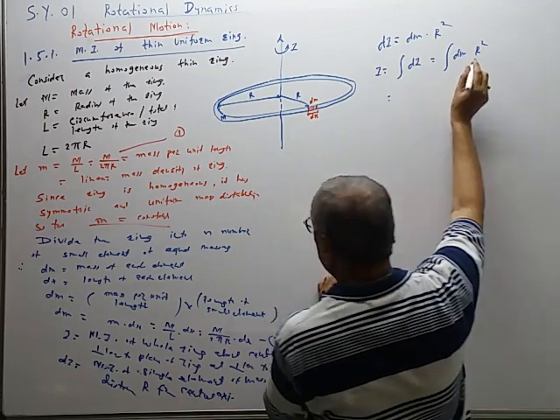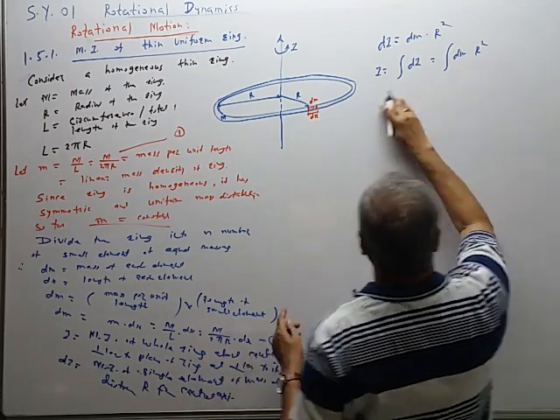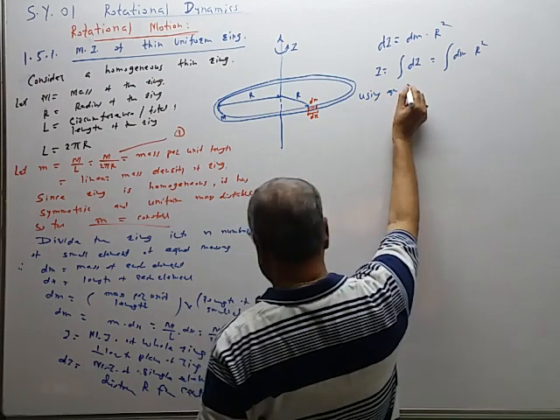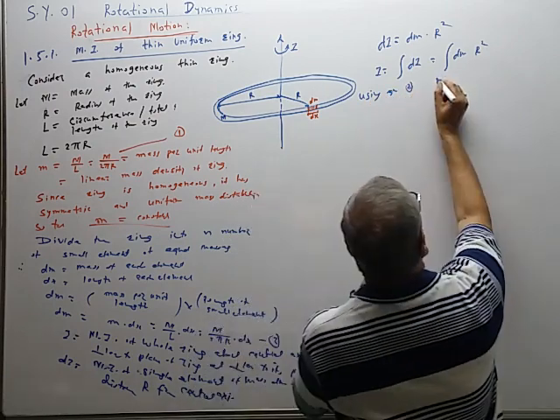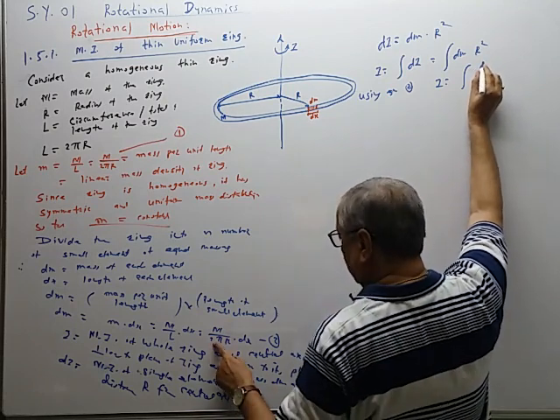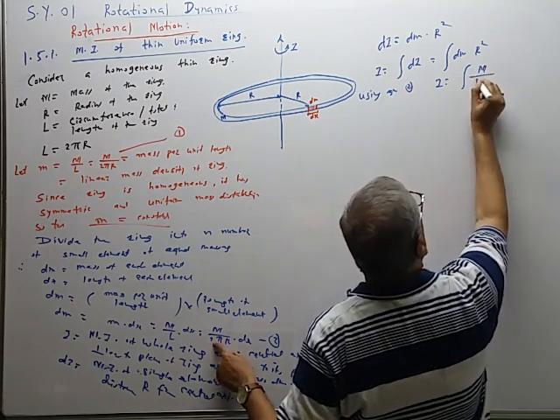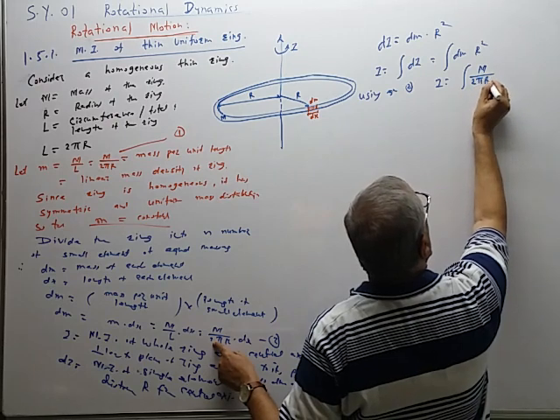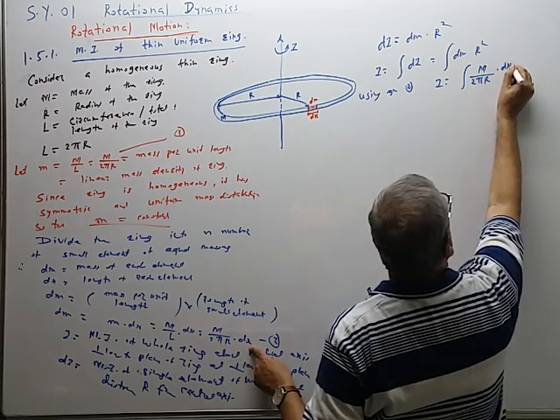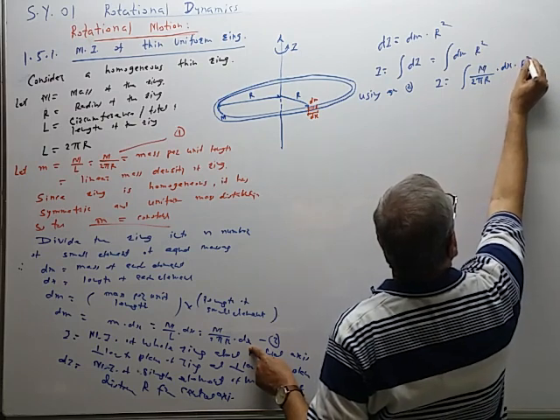Now we put the value of dm using equation 2. So I is equal to integration of M upon 2 pi r into dx into r square.